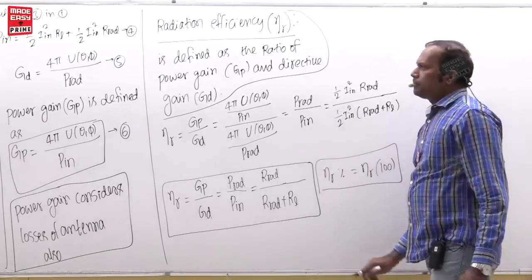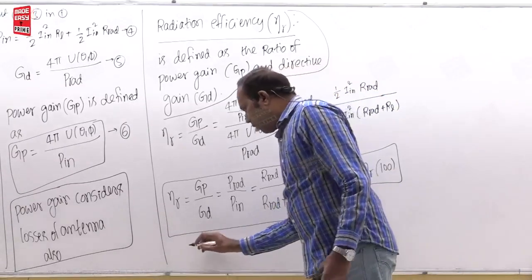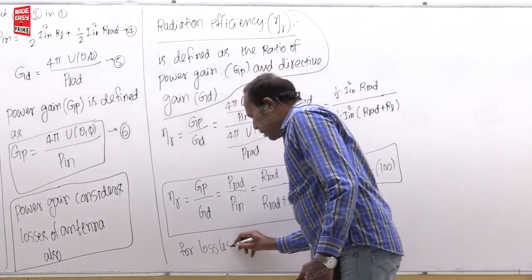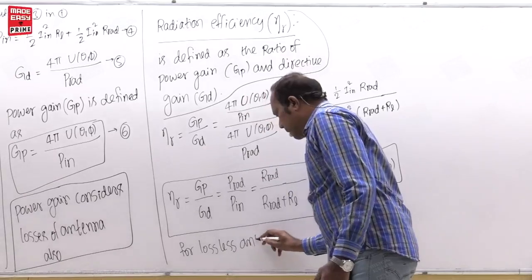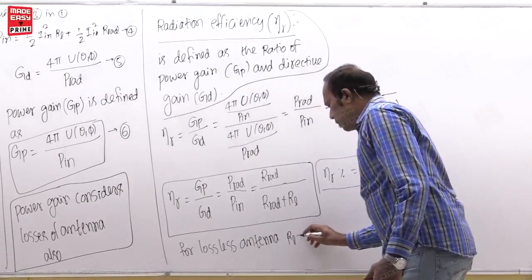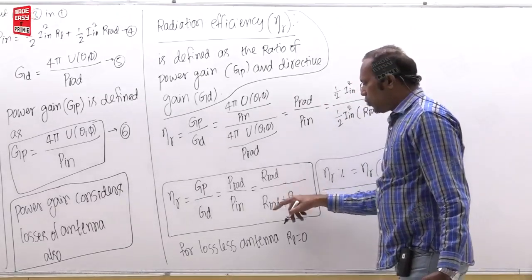Now for a lossless antenna, R_L is equal to 0. If this is 0, then R radiated by R radiated is 1.